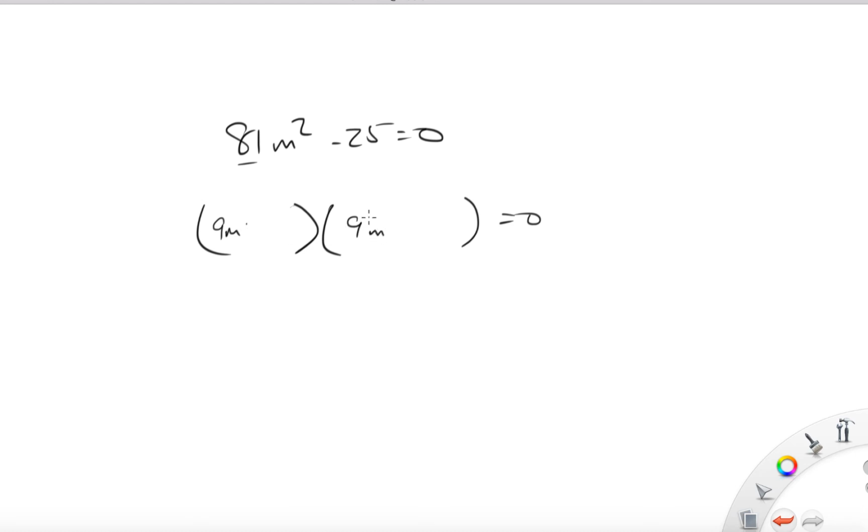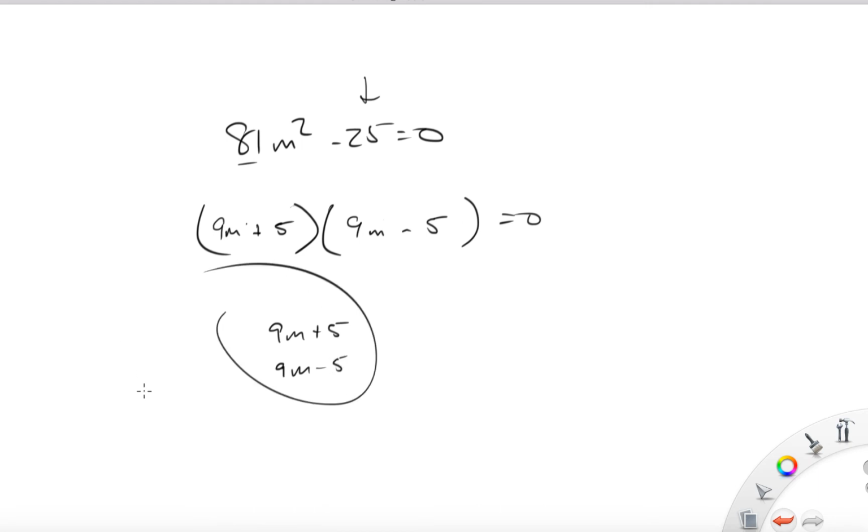And then we have a negative 25, so we have to have a positive 5 and a negative 5. So our answer is 9m plus 5, 9m minus 5. Pretty simple.